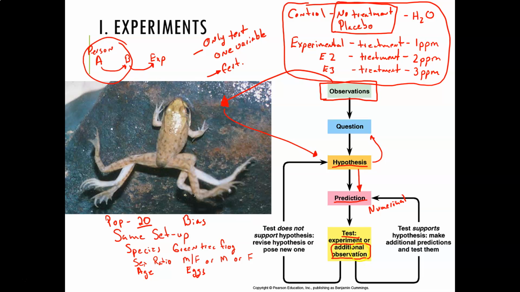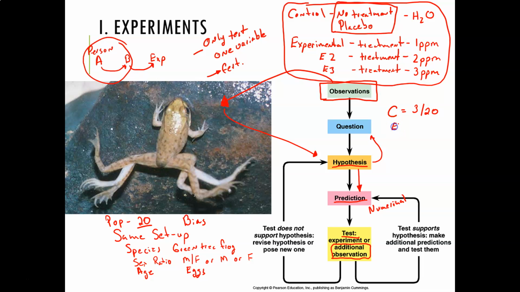So the next thing we would look at, like I said, is we would collect our data. Let's say you've got the control group, and let's say we had a population size of 20. In the population, let's say you had 3 frogs that received just water that had a deformity. So you had 3 out of 20.